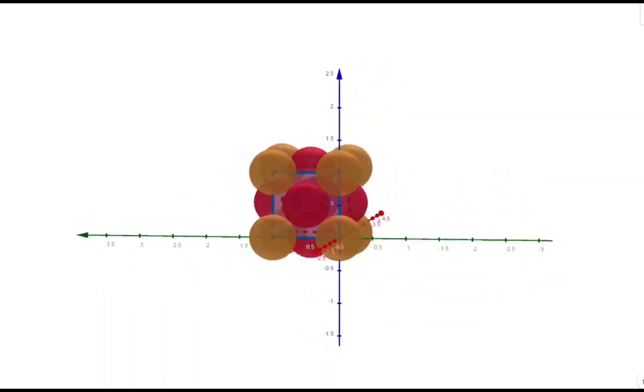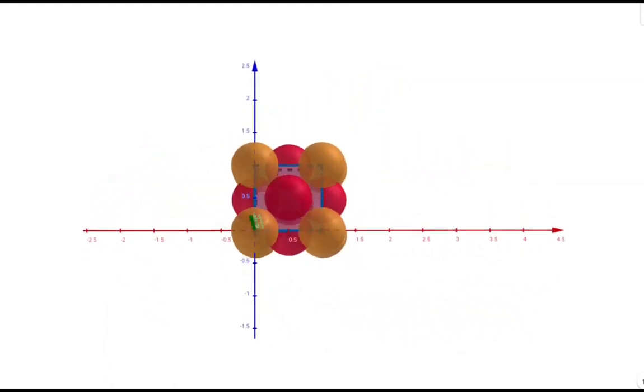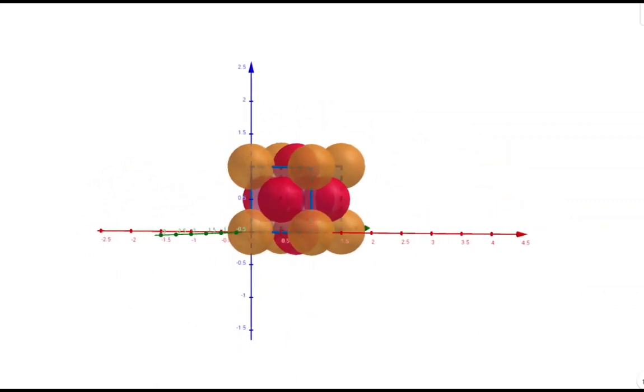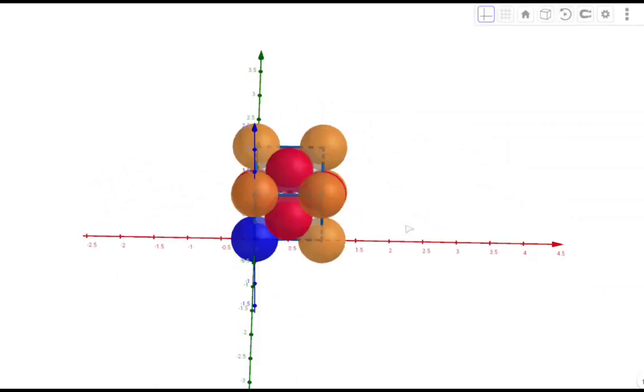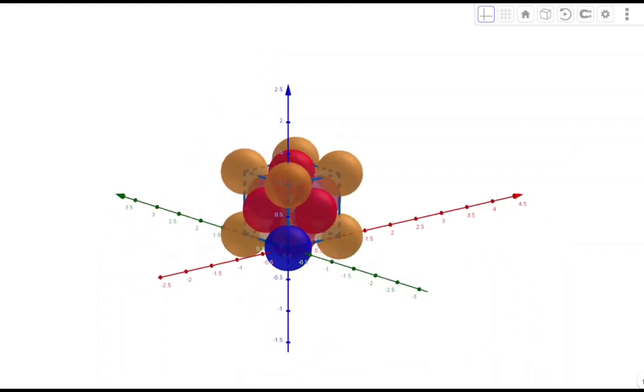Now let's pick an atom and make it the origin. The blue one here is the origin, as you can see. Now let's find out what the coordination number, or the first nearest neighbors, is in the face-centered cubic system.